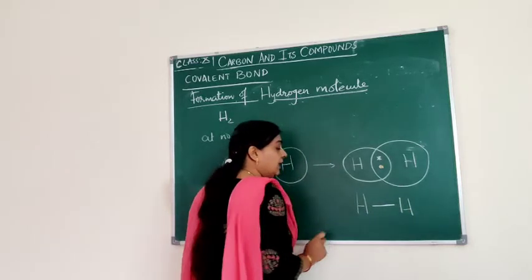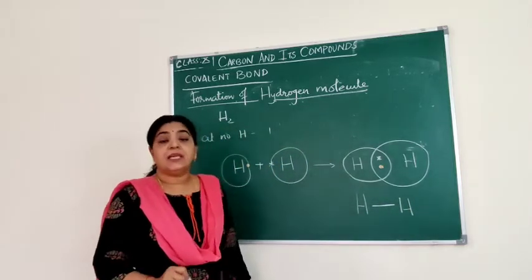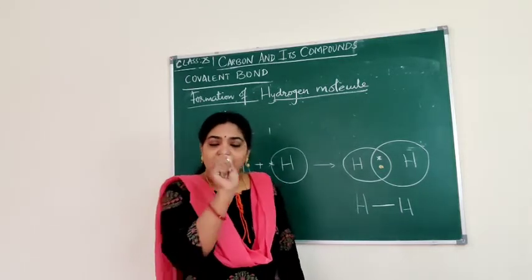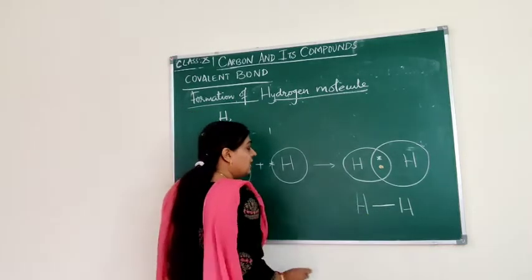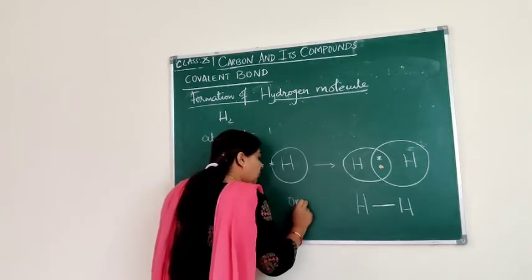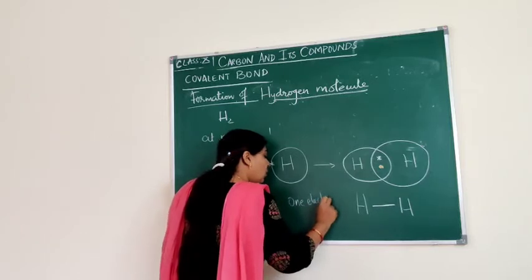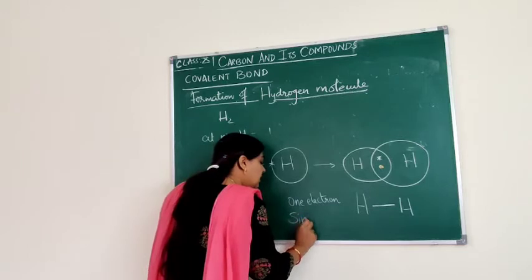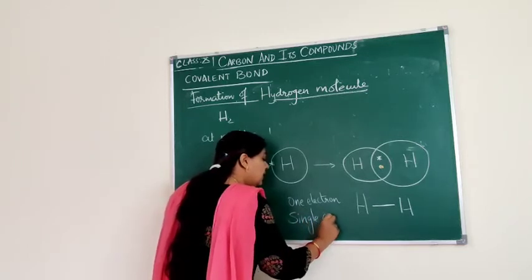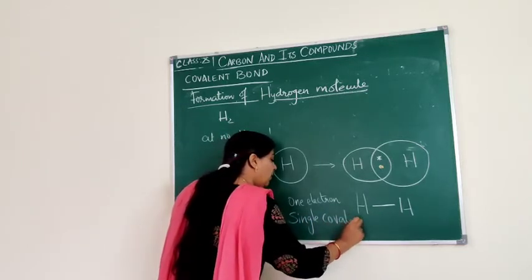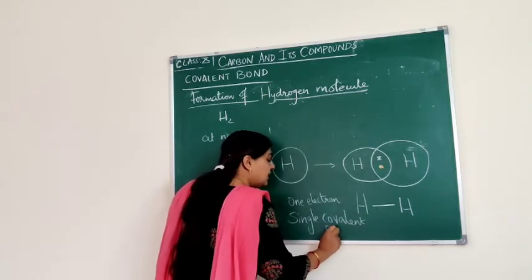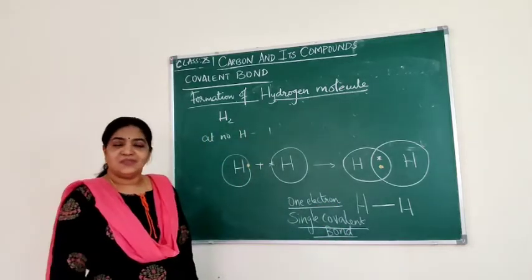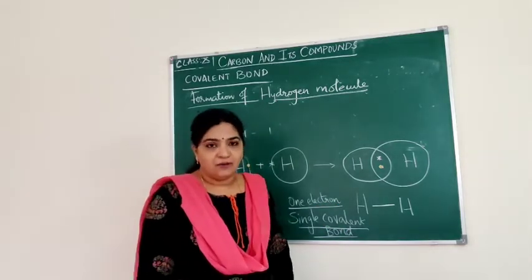The dash indicates how many electrons they are sharing. When you have only 1 dash, they are sharing 1 electron each. So they form a single covalent bond. Understood? This is the dot formula which you have to learn.